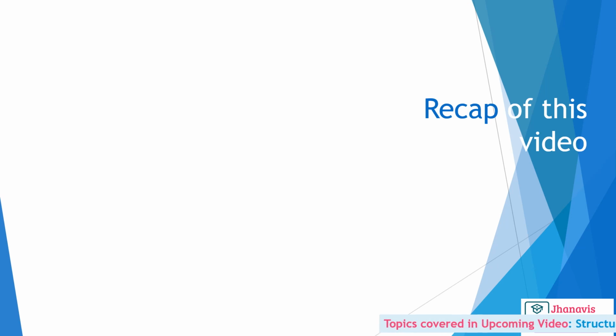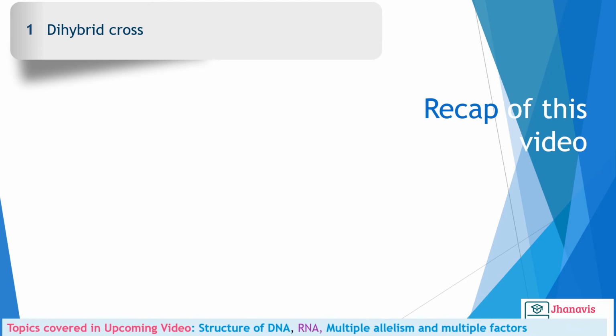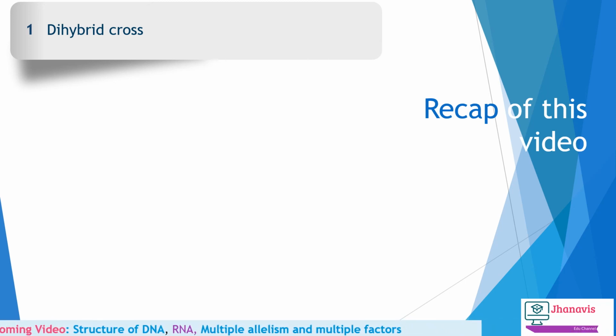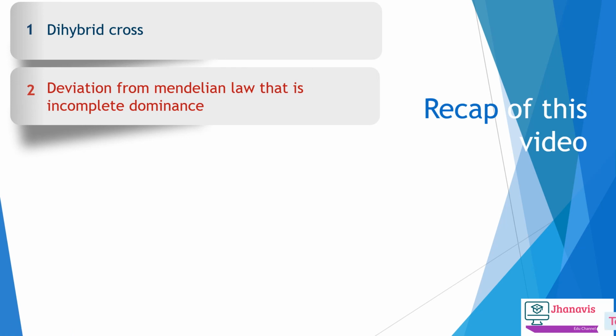So let's recap what we have studied in this video. First, we have studied about a dihybrid cross by taking an example of a yellow and round plant and crossed it with a green and wrinkled plant. Next, we studied the deviations in the Mendelian law, that is nothing but the incomplete dominance.